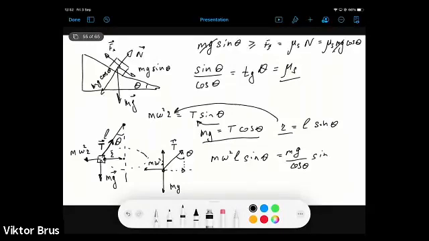Get times sinus theta. And now what we have here, we can cancel m and cancel sinus theta. So we get cosinus theta is equal to g over omega squared L. So this is our equation, which tells which parameters define angle theta.